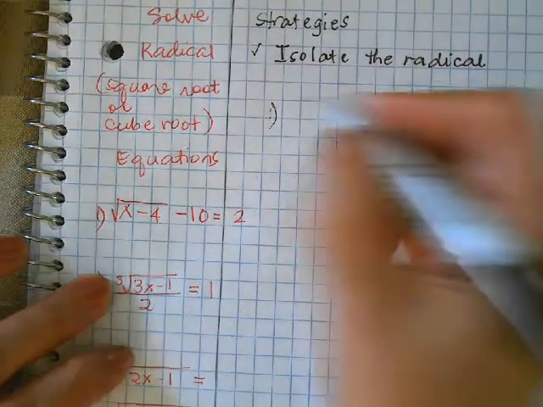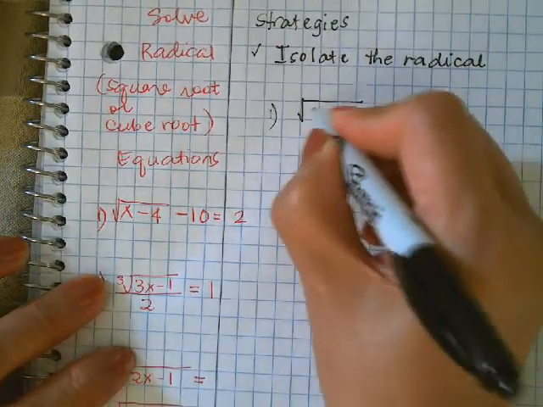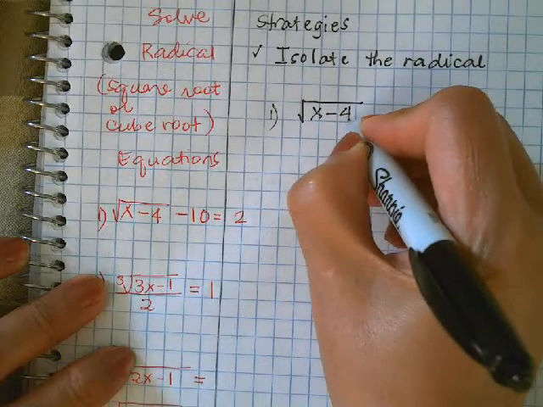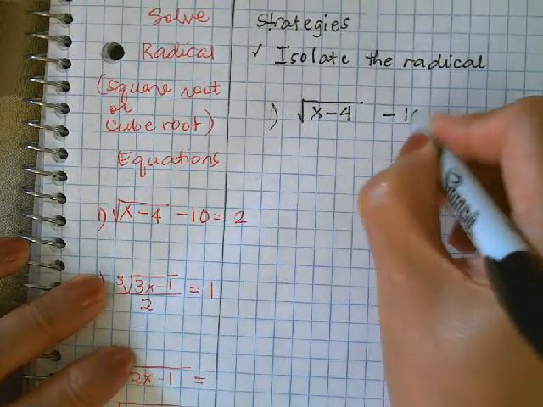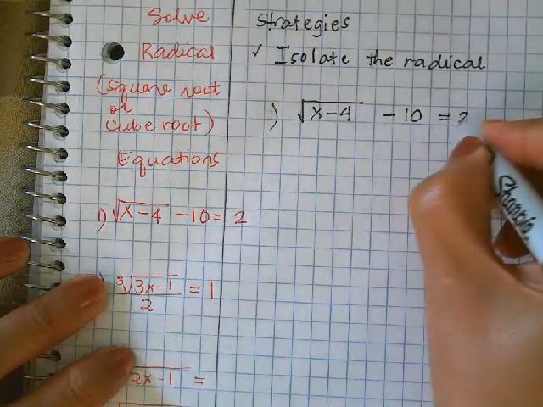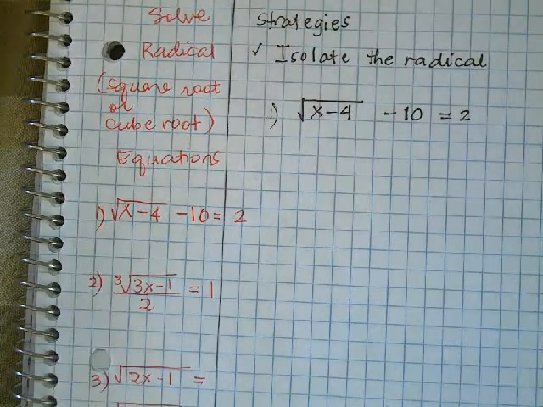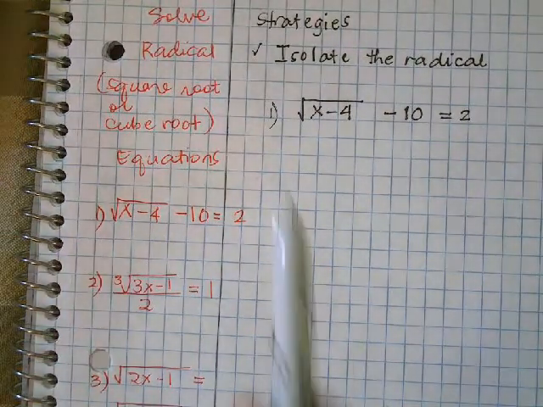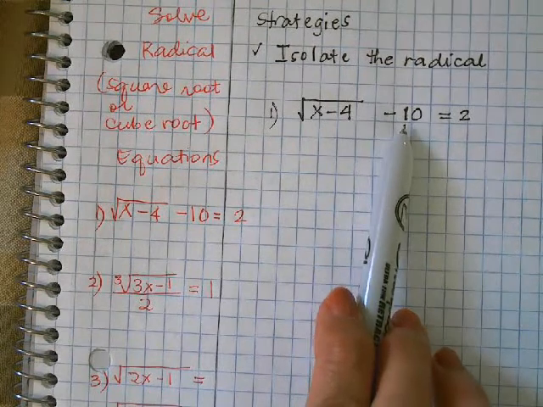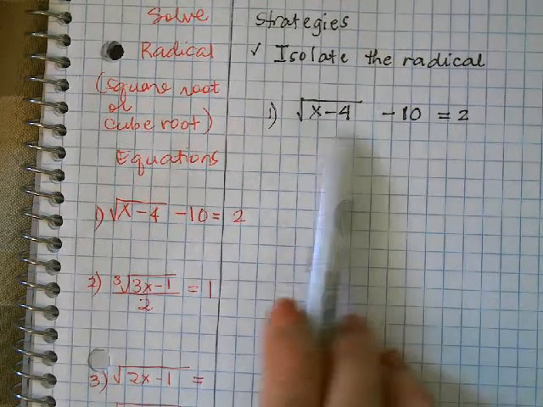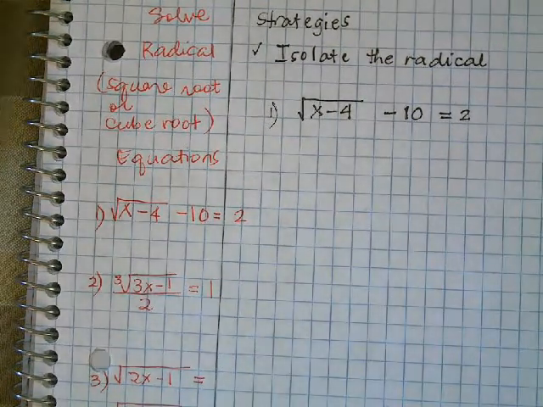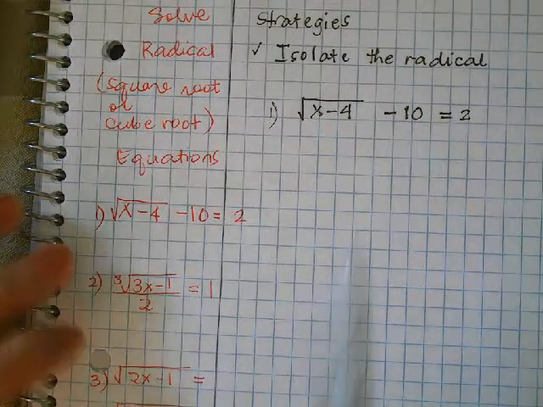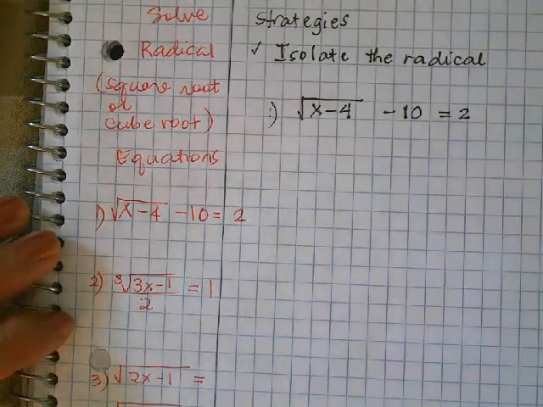So for number one, the given is square root of x minus 4, minus 10, should equal 2. You see that the radical is not isolated because it's together with the minus 10. That's what we mean. When we say isolate the radical, we should move this to the other side.